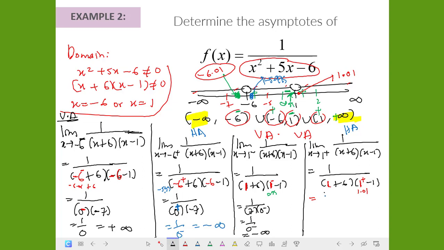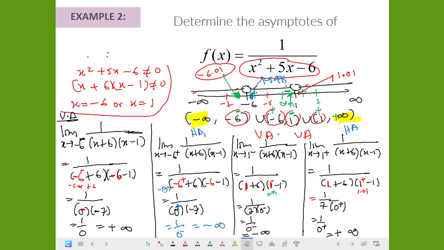So here is 1 over 7, 1 minus 1, confirmed 0. But this one is 1 plus, imagine 1.01 is more than 1, so just positive. So 1 over 0 positive, or positive infinity. So this is a vertical asymptote.